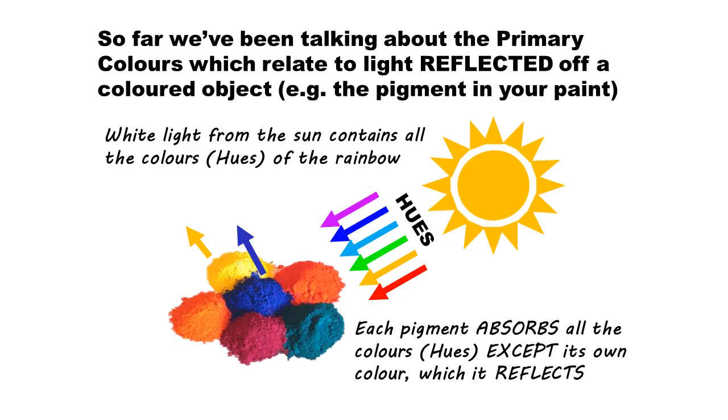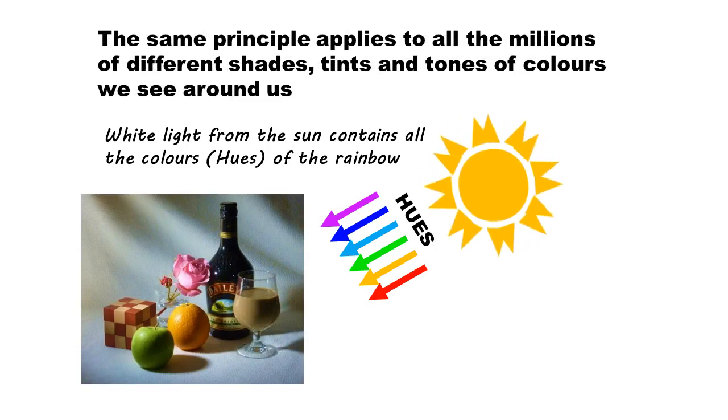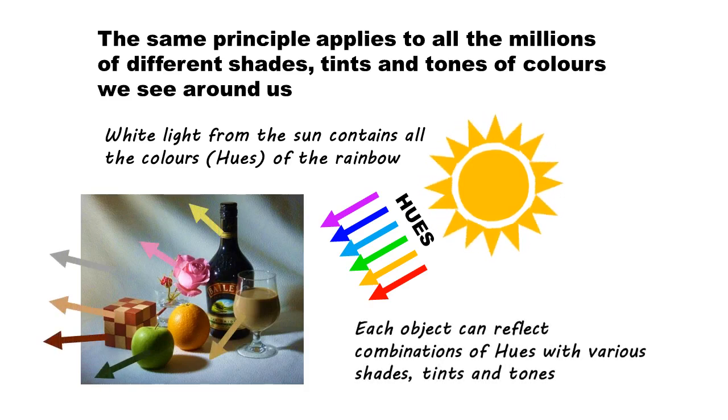Now I'm only mentioning the pure colours of the spectrum here. The same principle applies to all the millions of different shades, tints and tones of colours we see around us. Dark green, chocolate brown, light brown, medium grey, rose pink, even gold. You name it, the principle is the same.